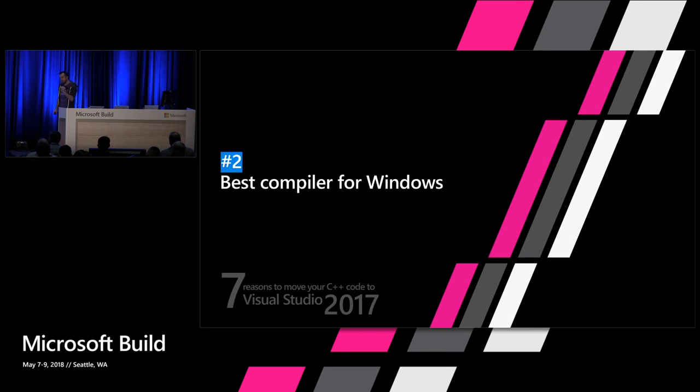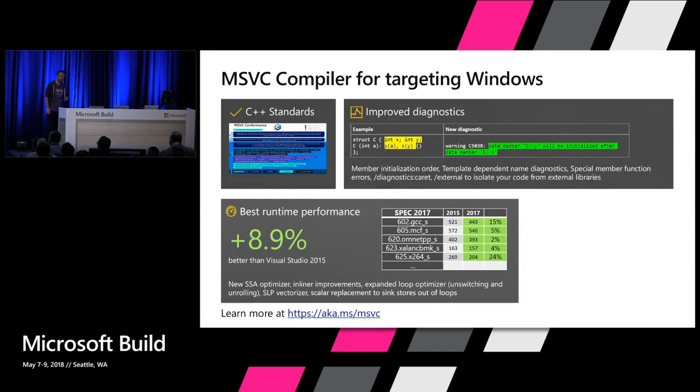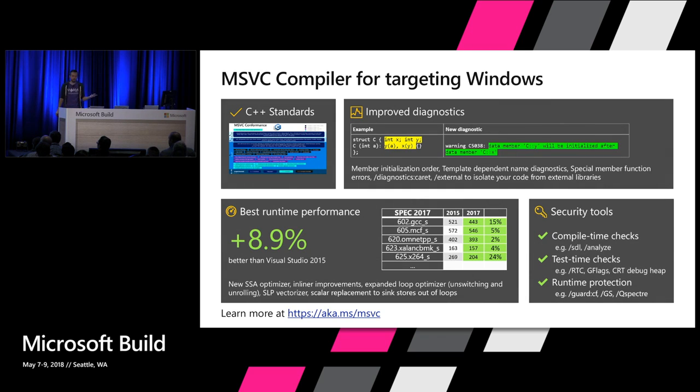Conformance should not be the only reason why you use the MSVC toolset for targeting Windows. The toolset brings improved diagnostics, superior performance and reliability, faster build throughput that I'll talk about a bit later in another slide, as well as security tools required to build more secure Windows applications. For example, if you just recompile your code in Visual Studio 2017, a lot of new optimizations are going to kick in.